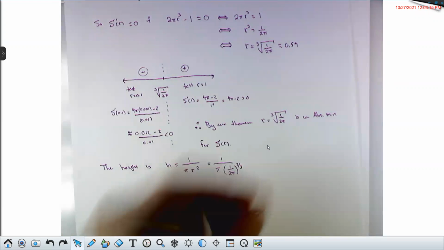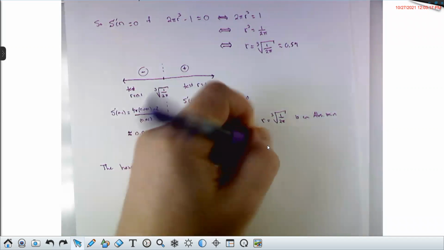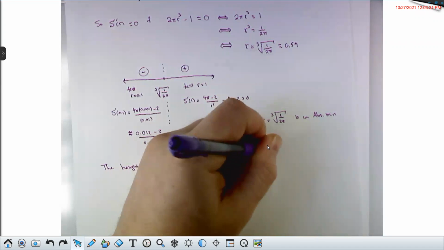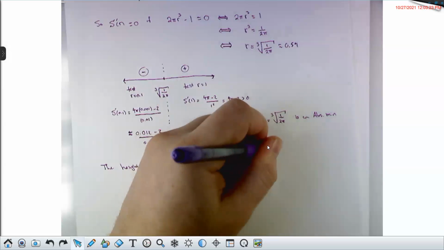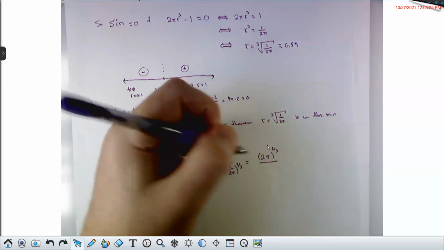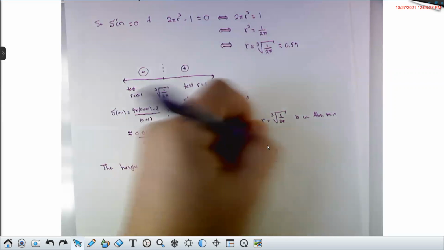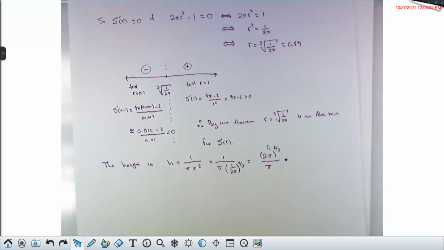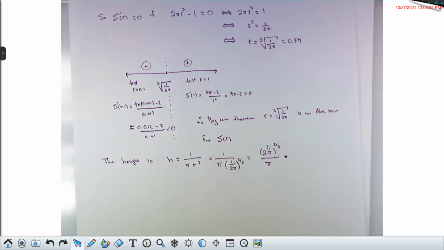And we can clean this up if we want. This would be 2 pi to the 2/3 divided by pi. And I'll just leave it like that. We don't need to do more than this. You could clean it up a little bit further.